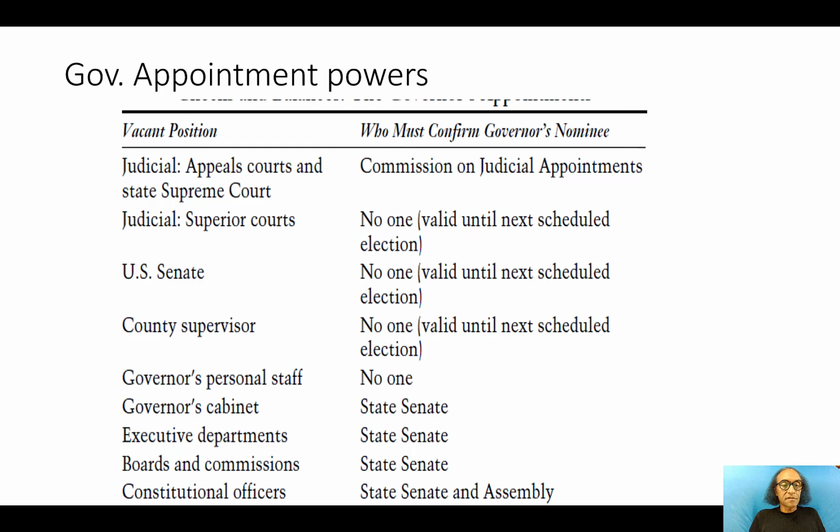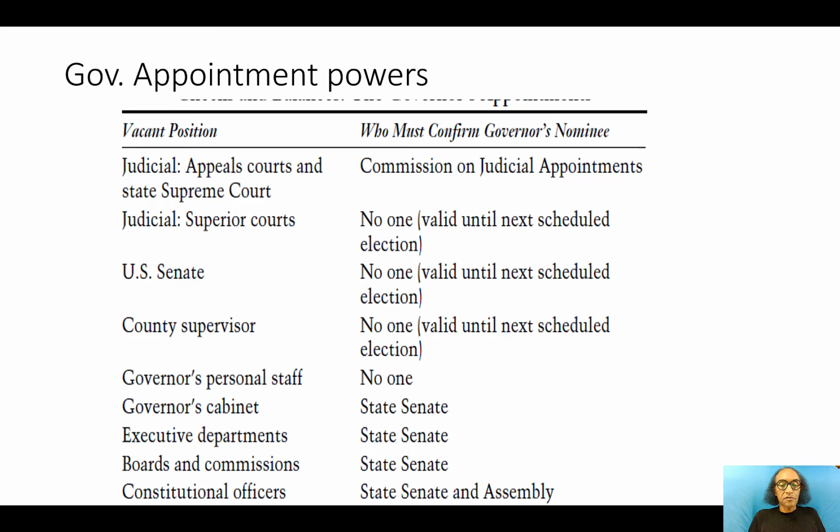So if there are vacancies in state judicial positions, so the appeals court and Supreme Court, the governor would appoint, and then the confirmation of the governor would have to be made separately by the Commission on Judicial Appointments, which basically reviews the judicial fitness and competence and their record and experience and whether or not they are fit to be state Supreme Court or appellate court justices, those kinds of appointments.